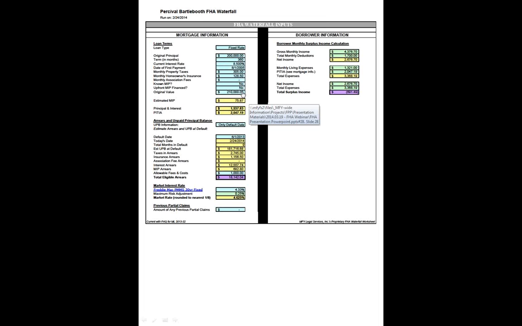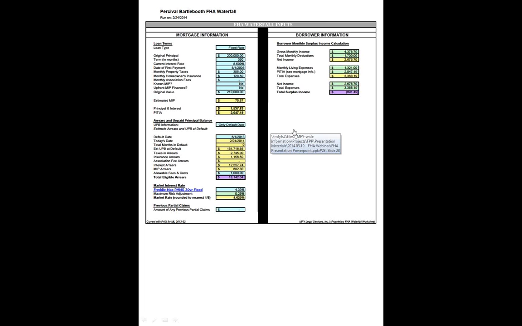So in this case, the borrower did not finance it. And then there's the original value of the property, which is either an appraisal or a sales price. These together, along with the origination date of the mortgage, can do a pretty good job of estimating what the monthly MIP charge is. So here, the monthly MIP charge is a little under $76.